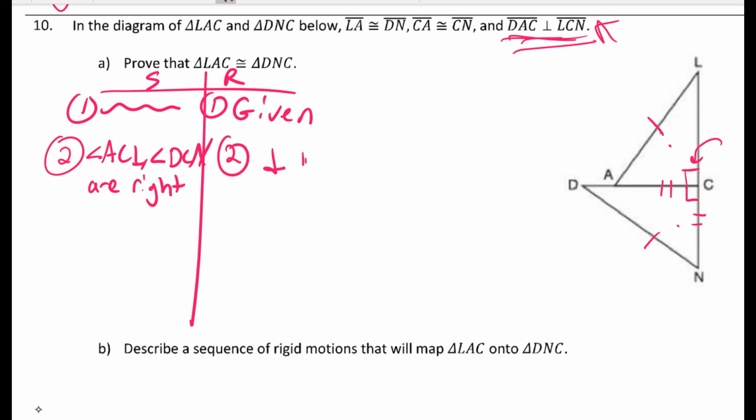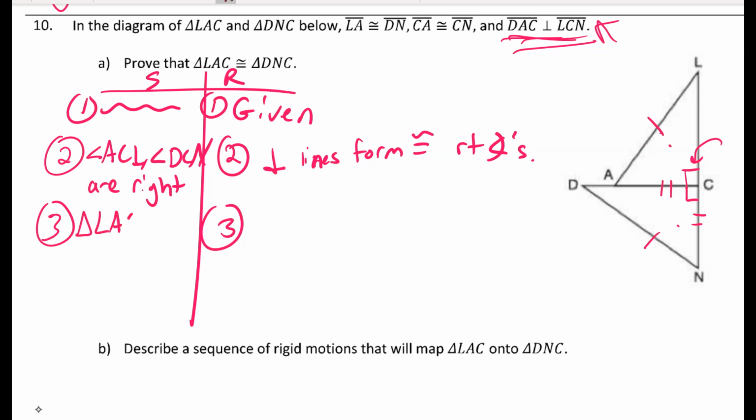That's because perpendicular lines form congruent right angles. So you could use that argument to say that those angles are congruent as well, but that's not how I'm going to use them in this case. I'm going to use them to state that triangle LAC and triangle DNC are right triangles.